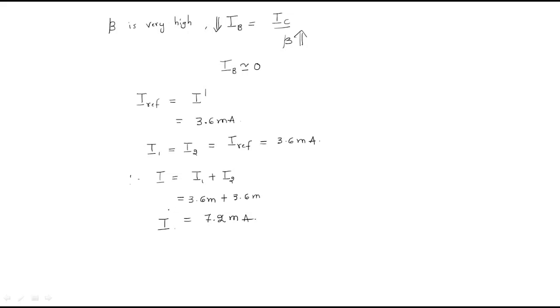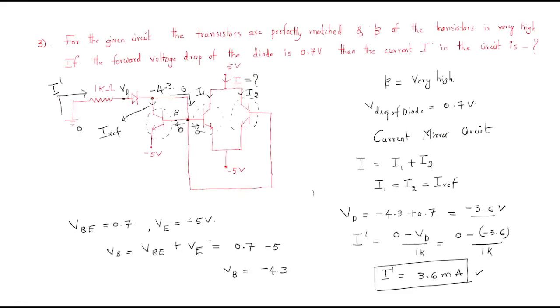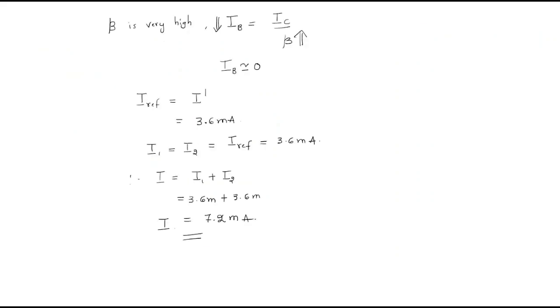The total current value is 7.2 milliamperes. So this is the current flowing in the given transistor circuit, that is 7.2 milliamperes.